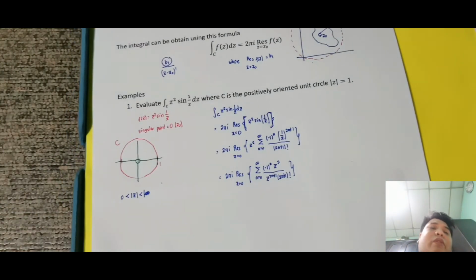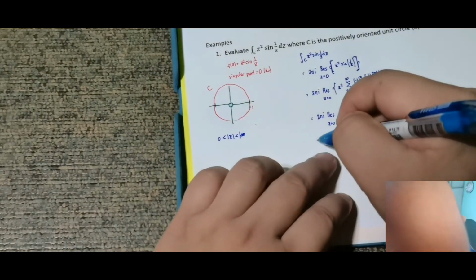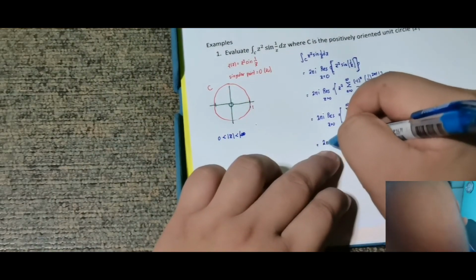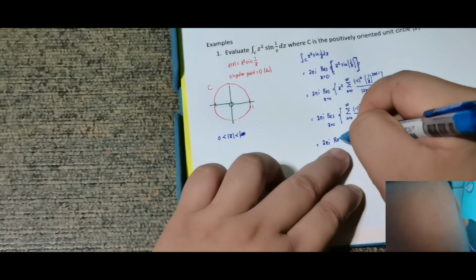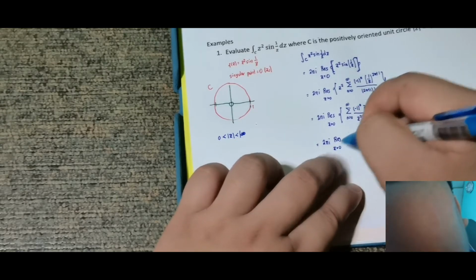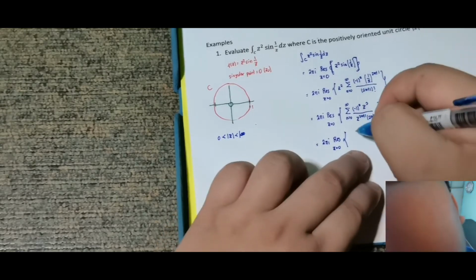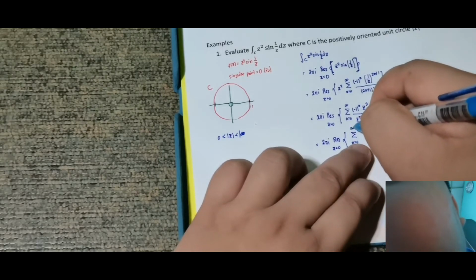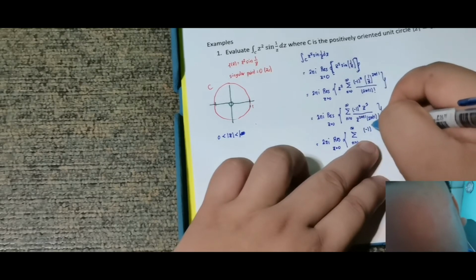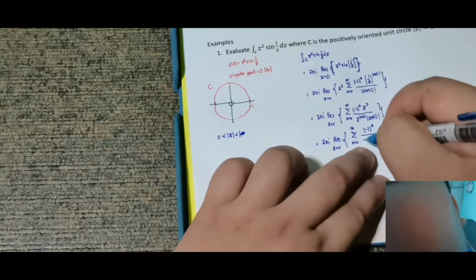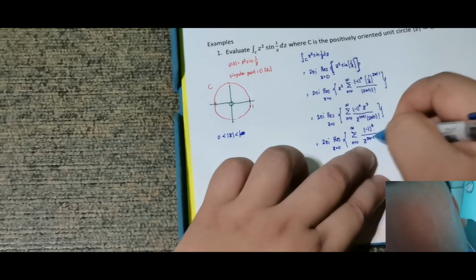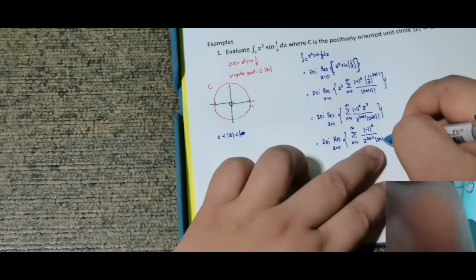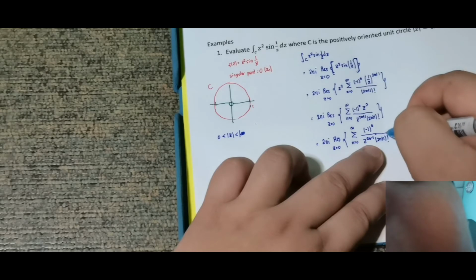So z squared bababa yan, then i-add natin doon. So ang simplified form niya is 2 pi i, the residue at z equals 0 of the summation for n equals 0 up to infinity of negative 1 raised to n over z raised to 2n minus 1, times 2n plus 1 factorial.